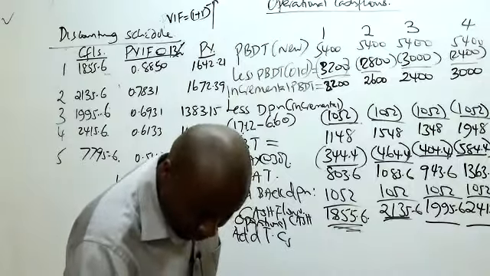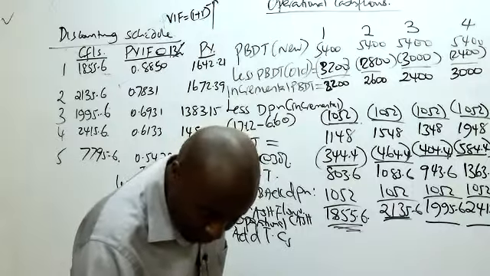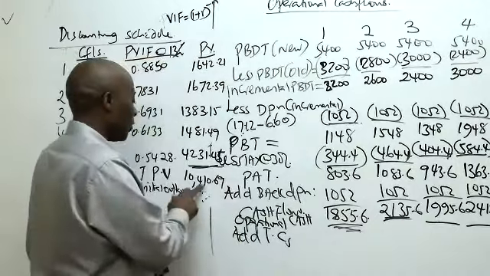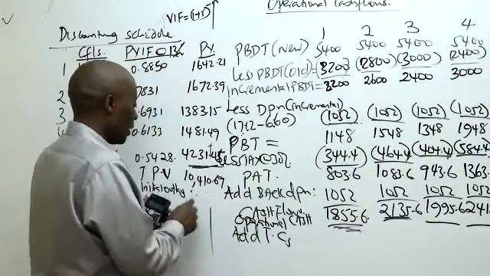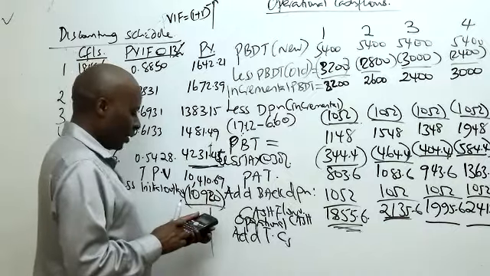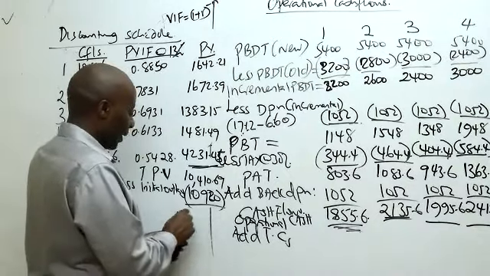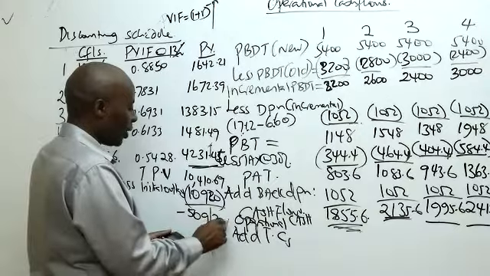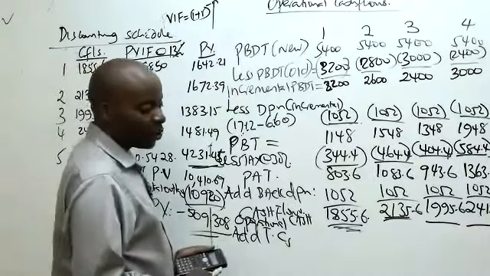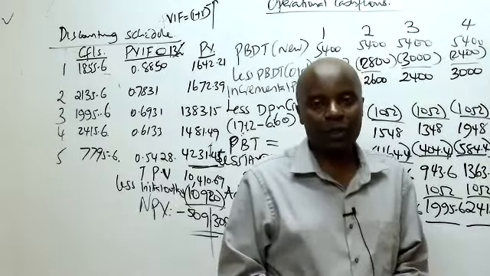No, I'm reading the wrong one. The initial outlay was quite a huge figure. It was 10,920. We subtract it, so we have minus 10,920, which gives us minus 509.308 net present value. Meaning this project is not viable. Do not replace.